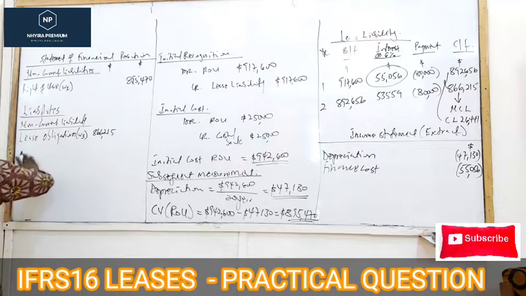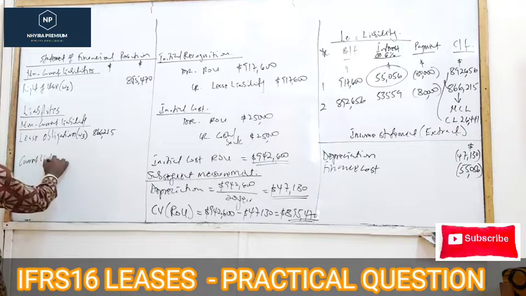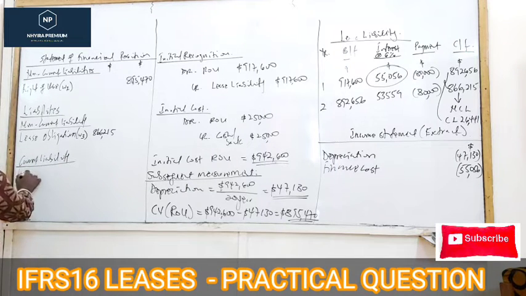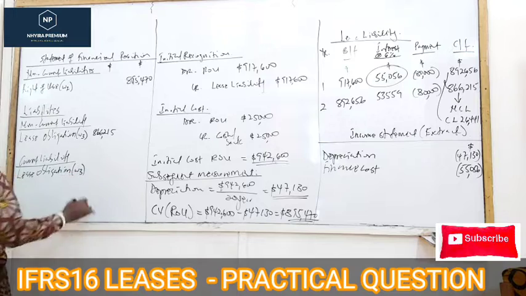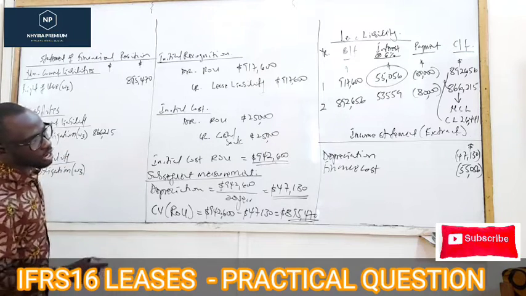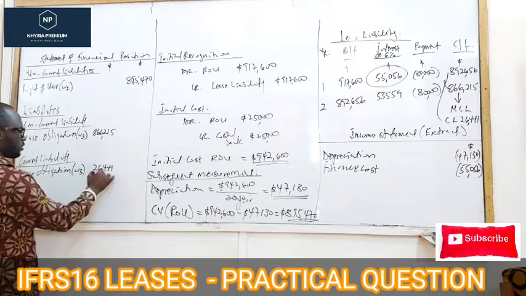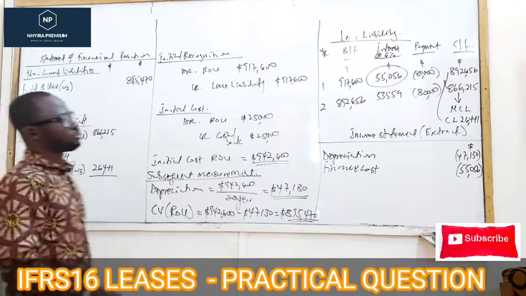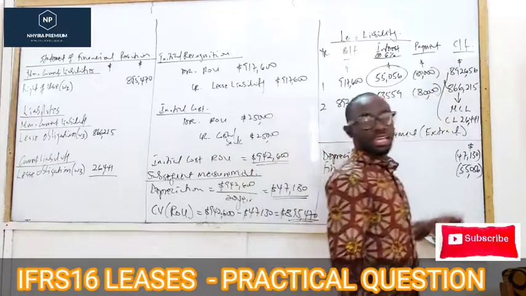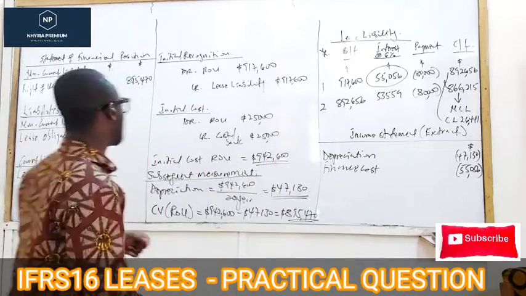Then we come to current liabilities. And again, we'll have another lease obligation, and that's going to be 26,441. So realize that when we add the 2 up, it gives us the 892,656.